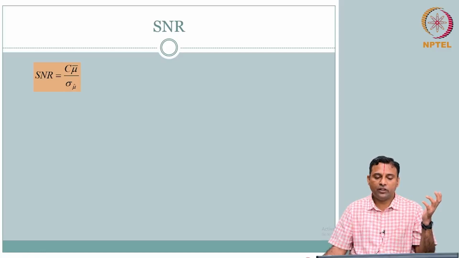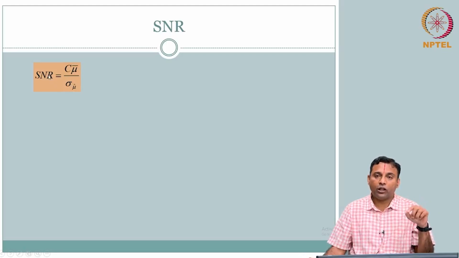So signal to noise ratio is the mean of your attenuation coefficient, mu bar, to the standard deviation, sigma of your mu estimate. This is your signal to noise ratio in a traditional sense.